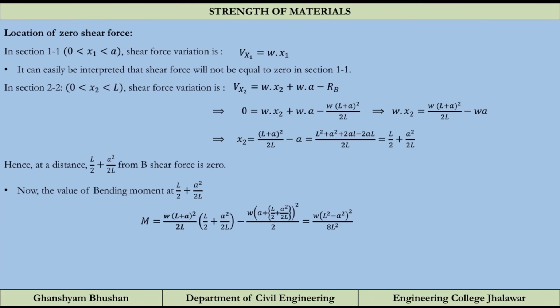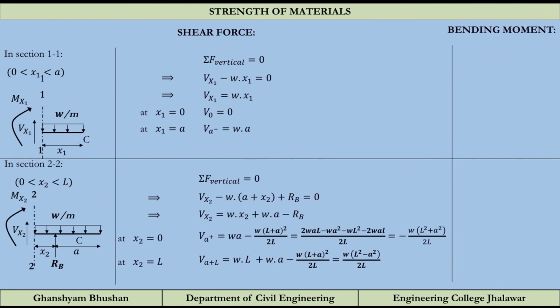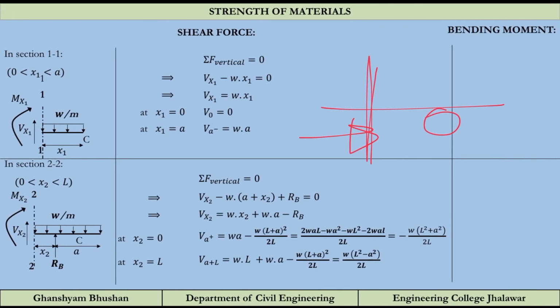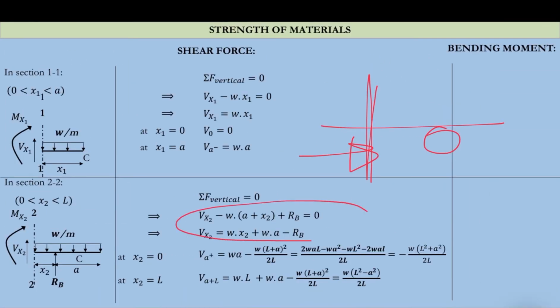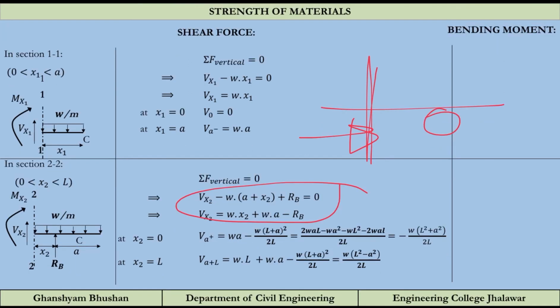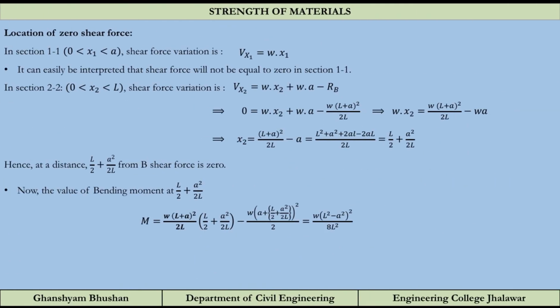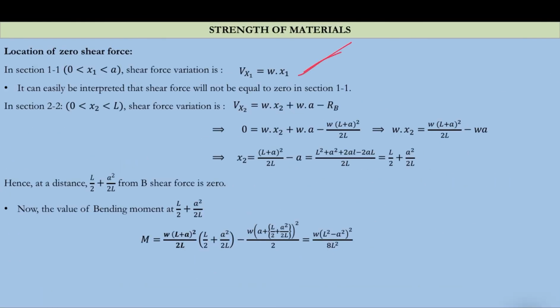It is quite obvious that it will be in span AB, so we are going to calculate that. We will use this variation and put it equal to 0, and check the value of x for which it is 0. W into x1, you can see it is not going to be 0.